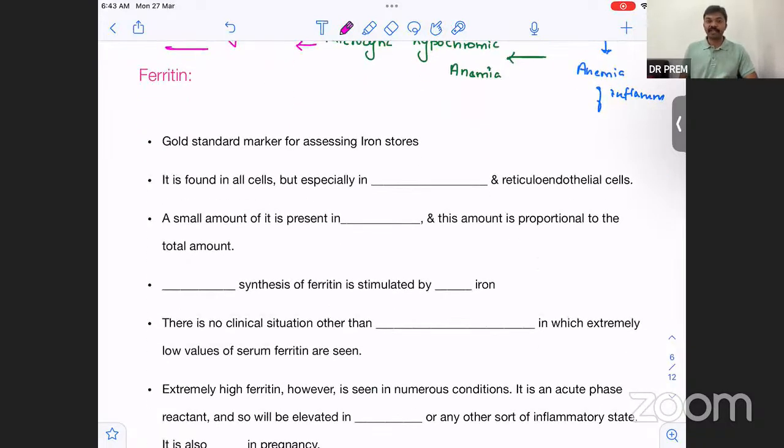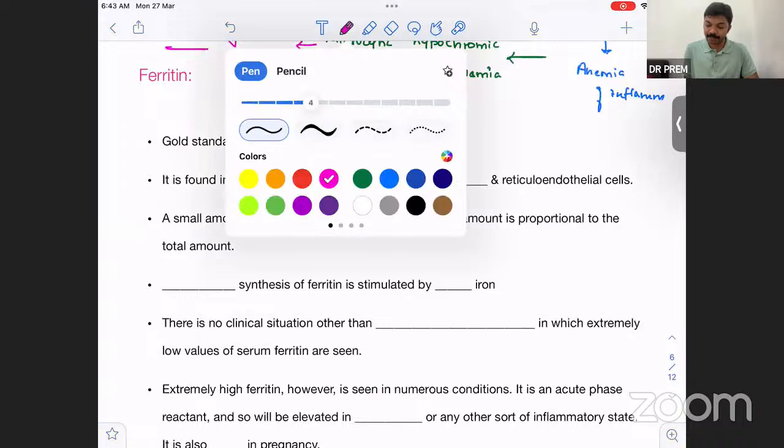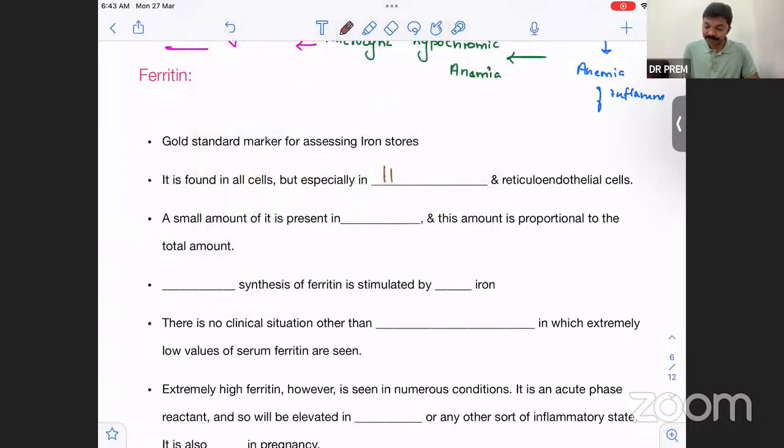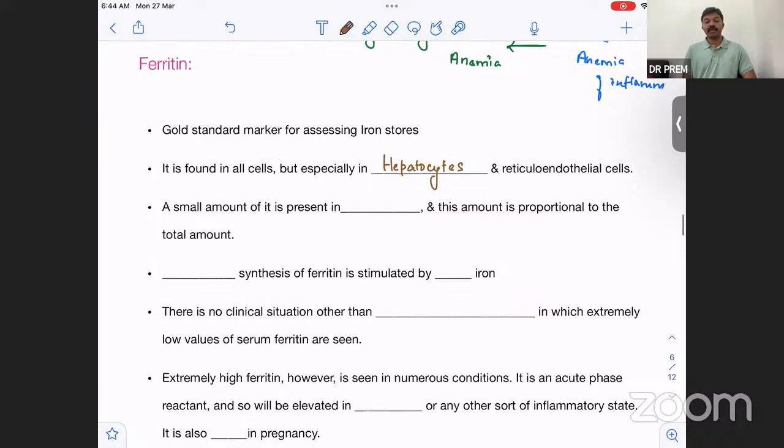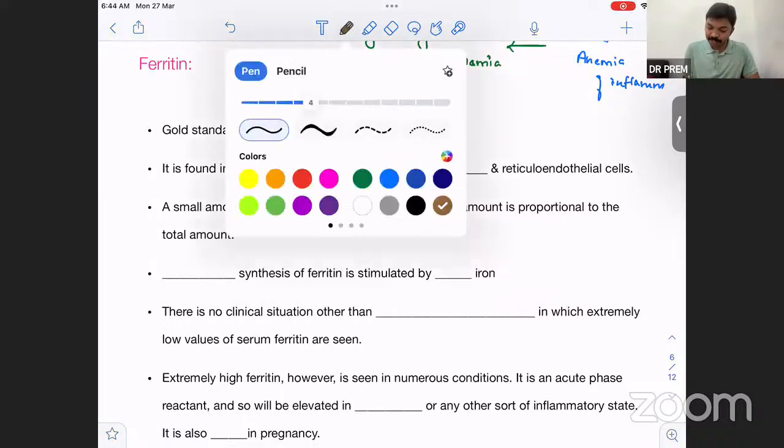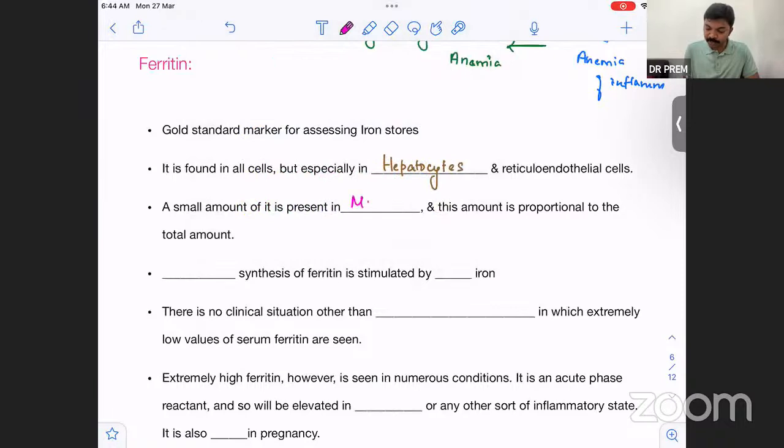Let us take up ferritin. Please remember, ferritin is going to be the gold standard marker for assessing iron stores. Ferritin is seen in practically all cells, but ferritin is especially abundant in hepatocytes as well as reticuloendothelial cells. And please remember, a small amount of ferritin is always present in mucosa.